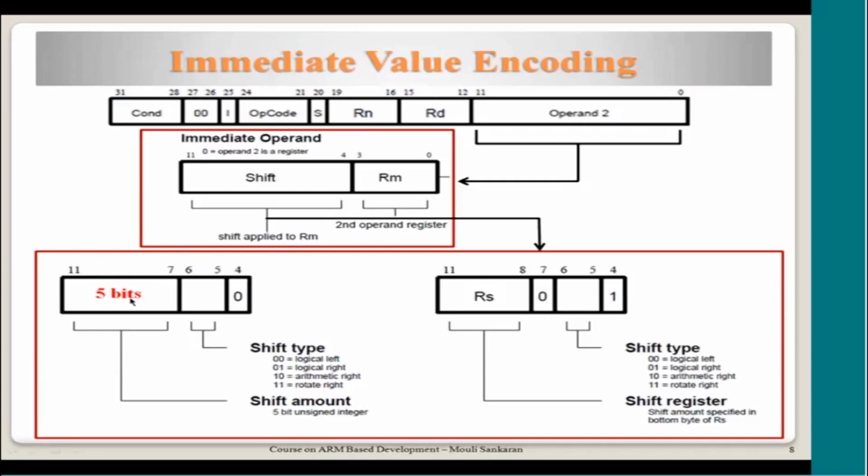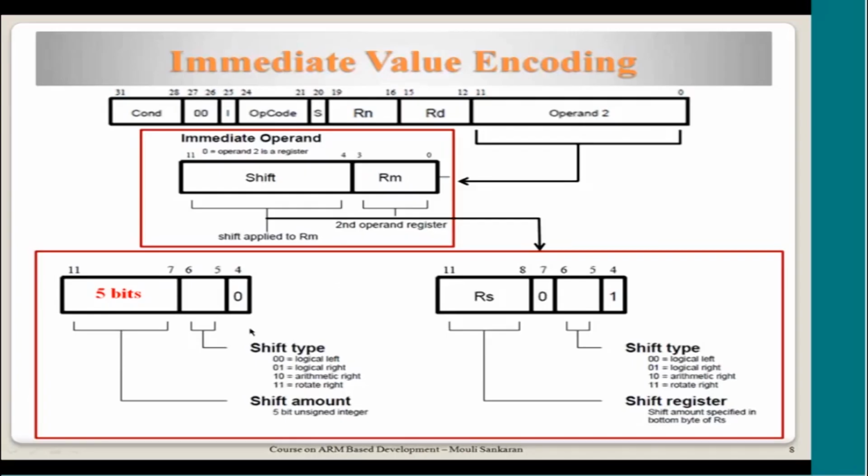Then it will take the contents of R0, whatever the value in R0, left shift it by 2 bit positions, and that result will be used as an operand to the ALU. Please remember, it is after this operation that it is taken as the second operand to the ALU. Now based on the opcode, that particular operation will be done and the result will be returned back into RD.